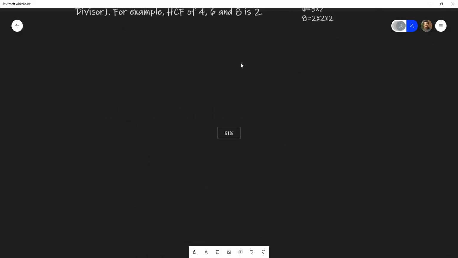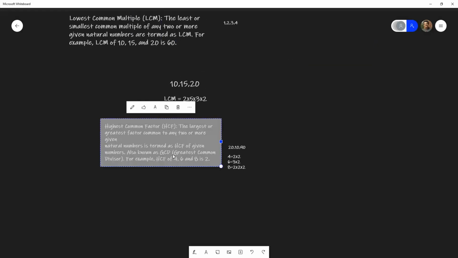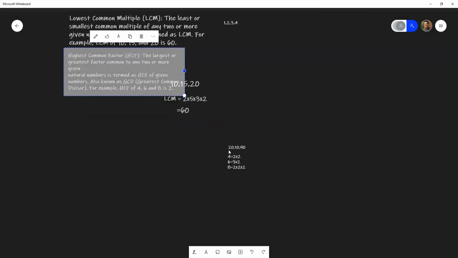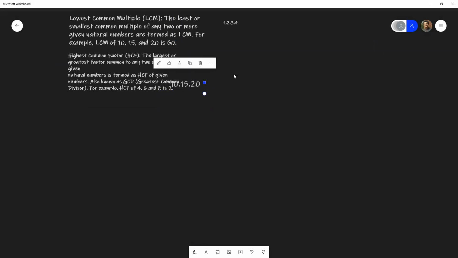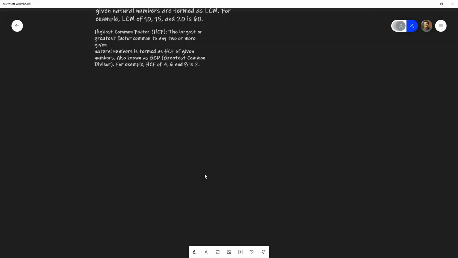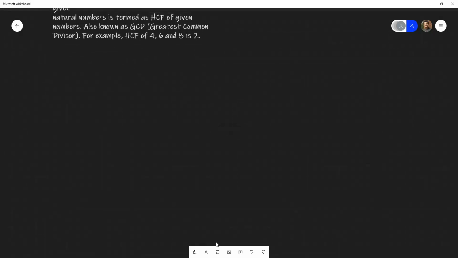Okay, this is not going up. I have to remove some of it. Let me bring it here. Let me remove this. Okay, then let's move on to the next one. The next one is the way that we can describe prime factorization.